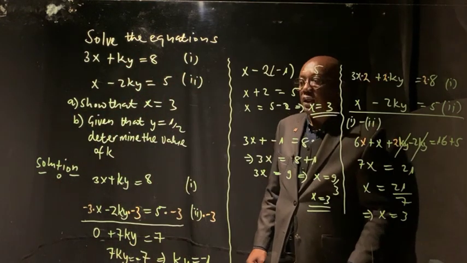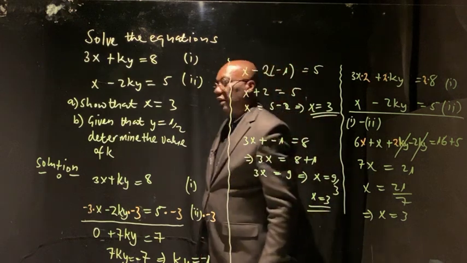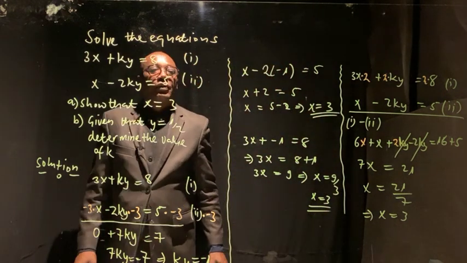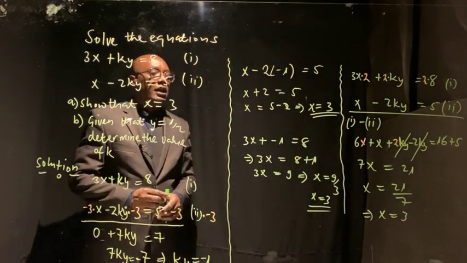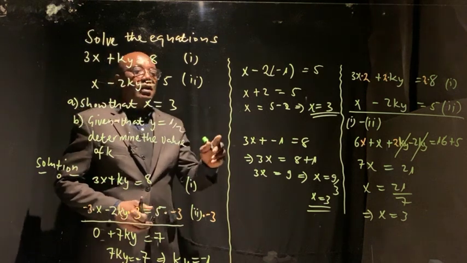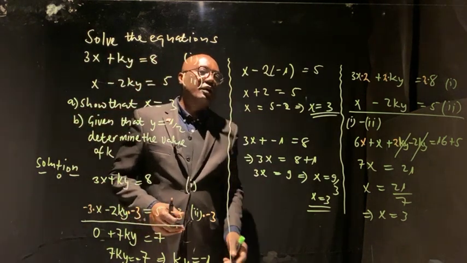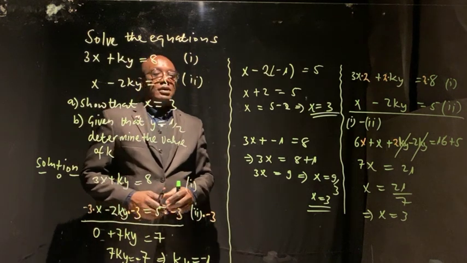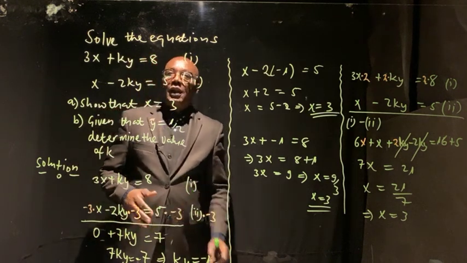Do you know what? I think I paused the video while I was writing it. I never knew that the video was paused and I kept writing everything. Now let me go back again to show you what we've done.